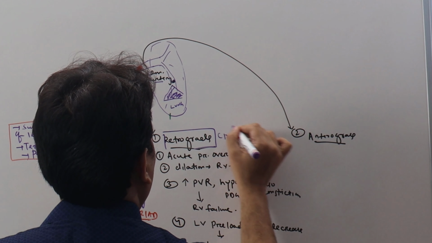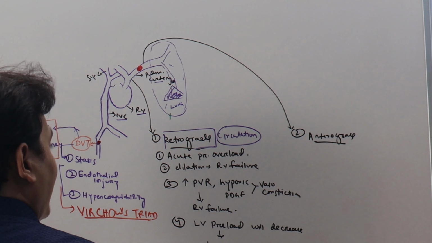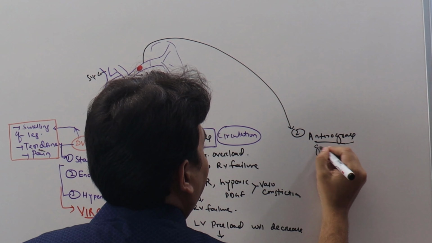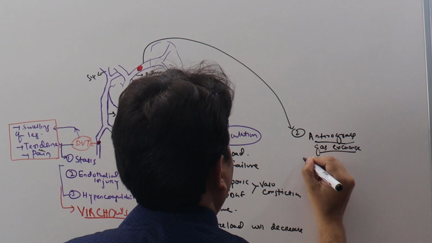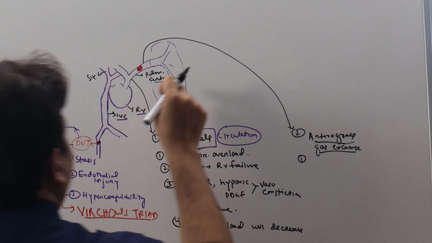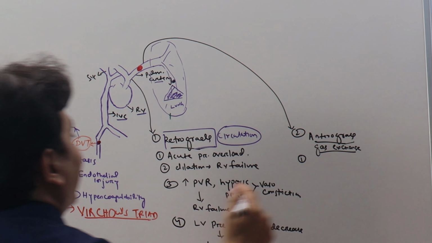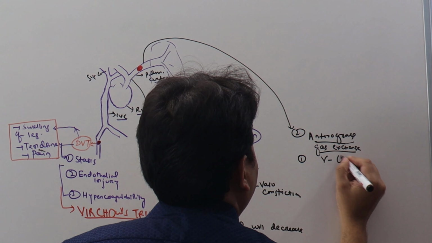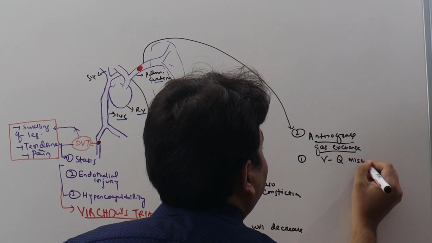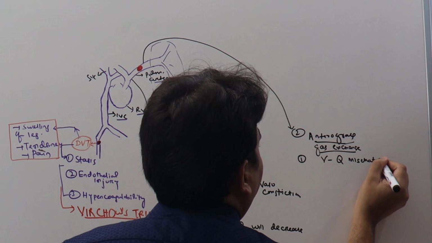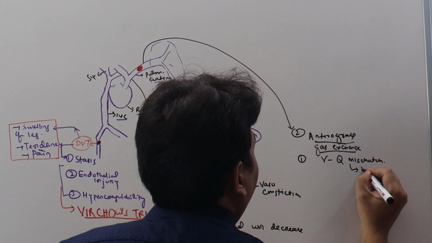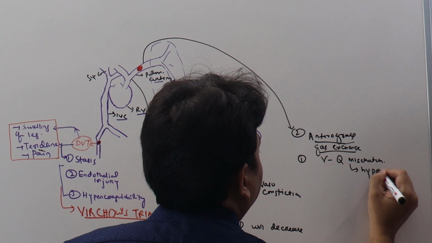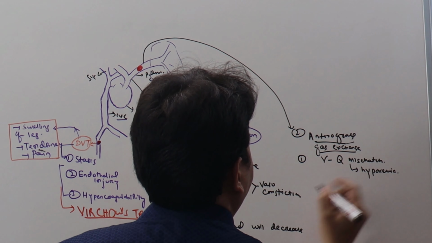So circulatory failure will be the retrograde phenomenon, and the anterograde phenomena are mainly related to gas exchange. Now what will happen here? First, because of the thrombus there will be VQ mismatch. There will be airflow, but there will be no perfusion. So there will be VQ mismatch, which can cause hypoxemia, right?